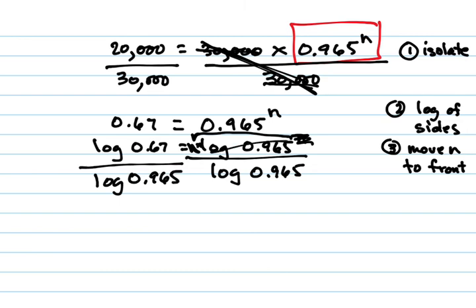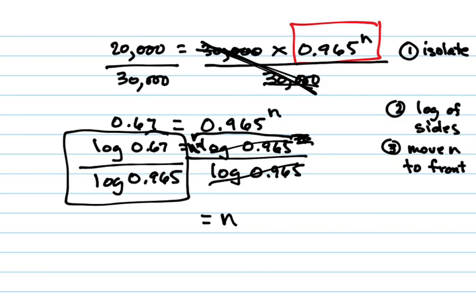Over here, these two logs are going to divide away, and that's going to give you n. And on this side, you can simply plug that into your calculator. And now again, you can try just log 0.67 divided by log 0.965, but it may return some very strange answer. Most calculators will require that you put that in a bracket.